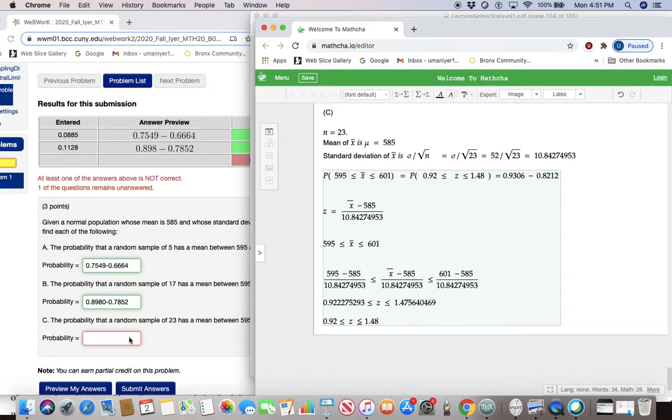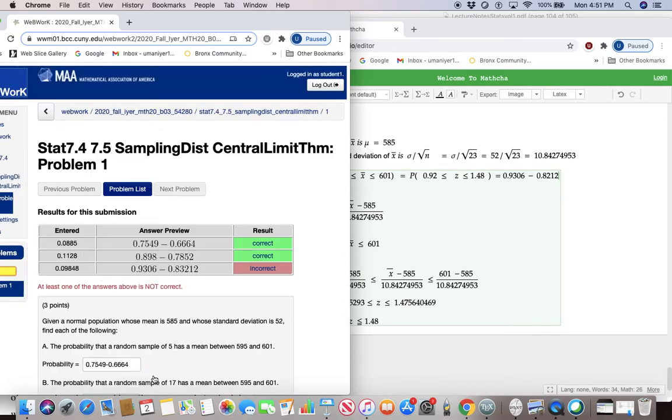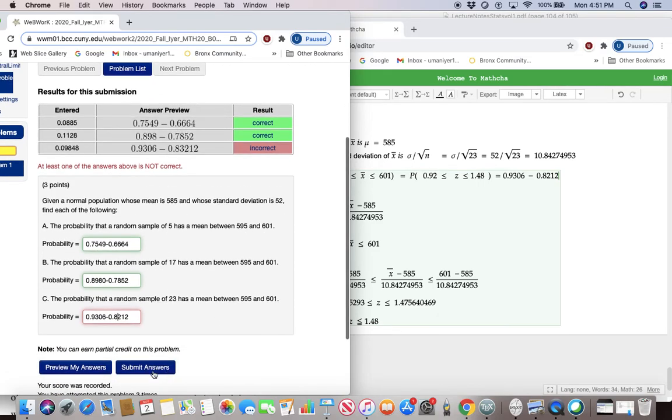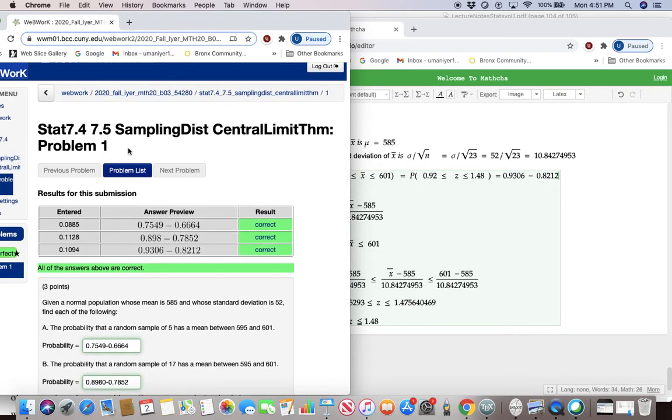So my final answer here is 0.9306 minus 0.8212. Something went wrong, it's 8212, not 83. All right. Okay, that completes this entire set because there was only one problem here.